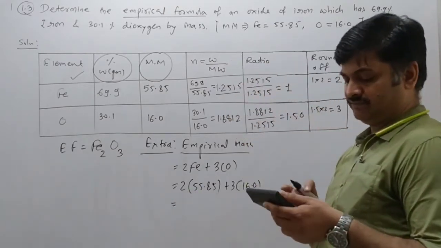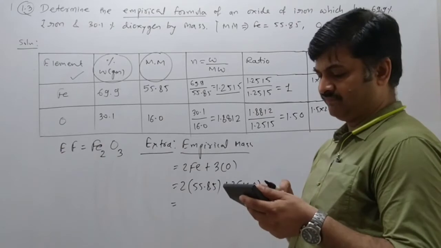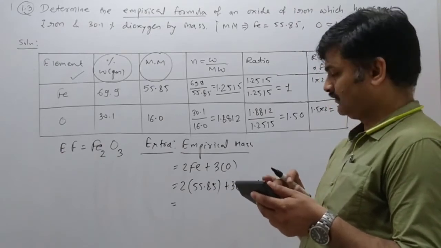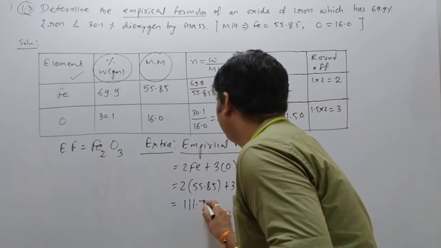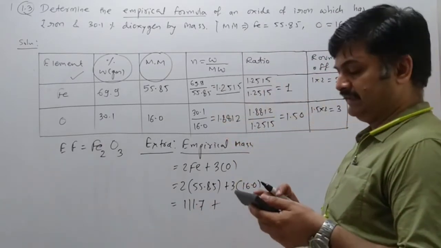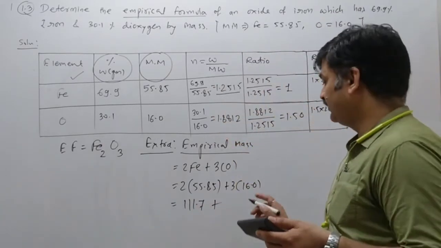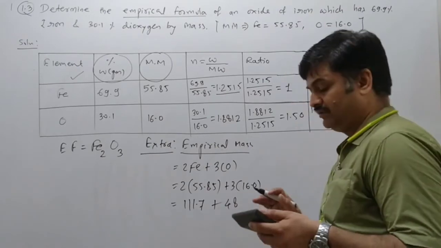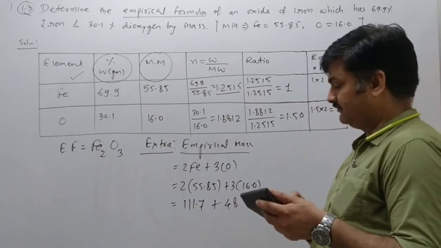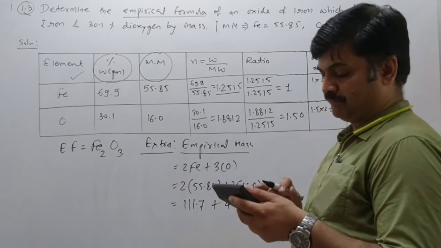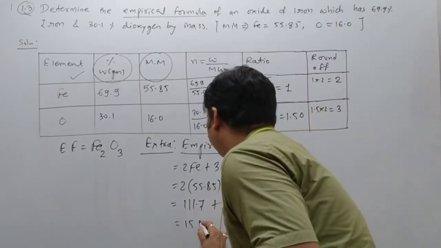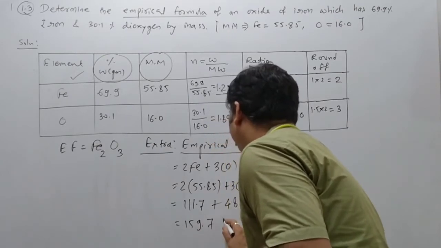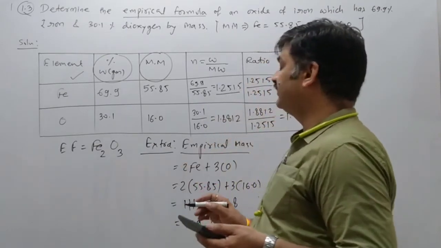Now 2 into 55.85 is equal to 111.7, and in case of oxygen, here 48 will be there. Now 48 plus 111.7 is 159.7. So this will be the empirical mass.